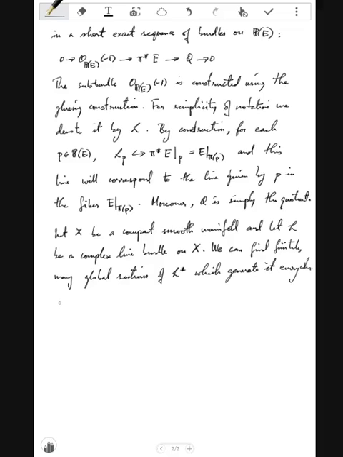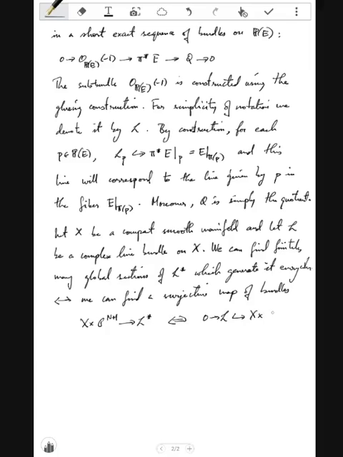That is, equivalently, we can find a surjective map of bundles from the trivial bundle X cross C^{n+1} to L dual. And taking dual, this is equivalent to saying that we can find an inclusion of bundles L into X cross C^{n+1}.